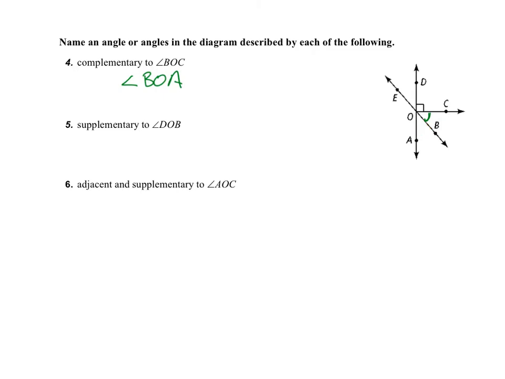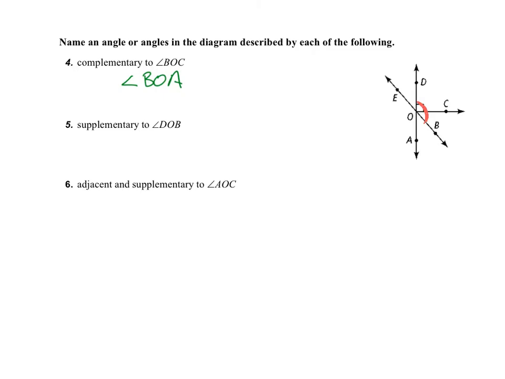Okay. So let's see, a supplementary angle to DOB. Let's mark DOB right here. DOB is this angle right here, and I want to form a linear pair. So I'm finding a linear pair, or a supplement.